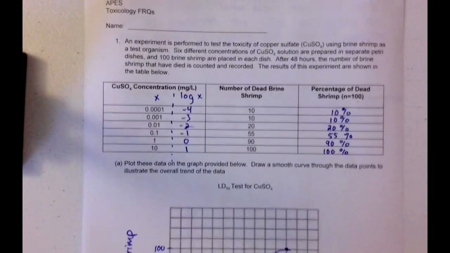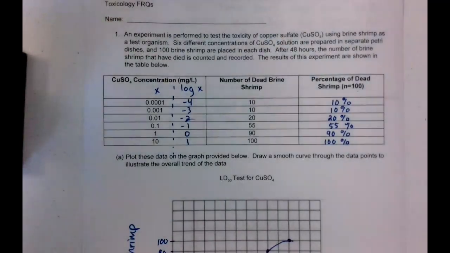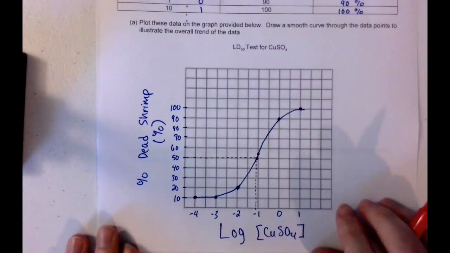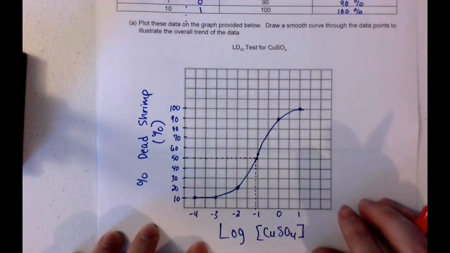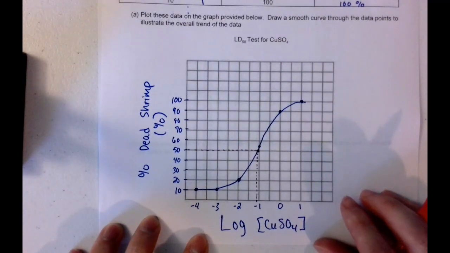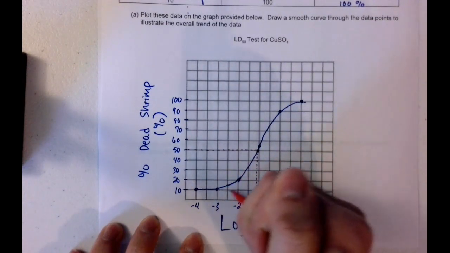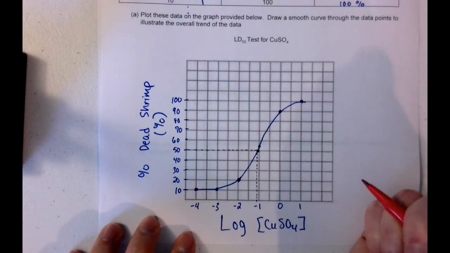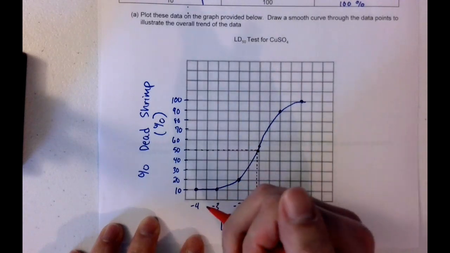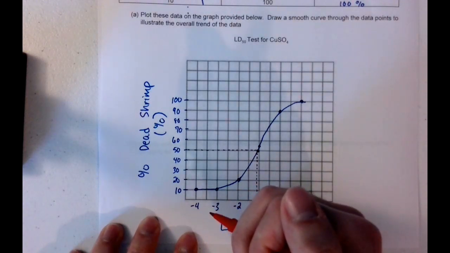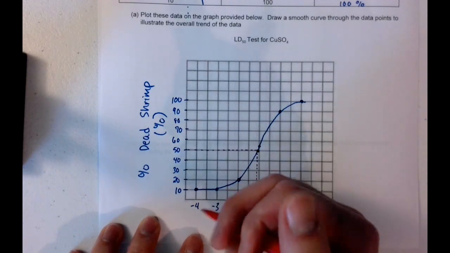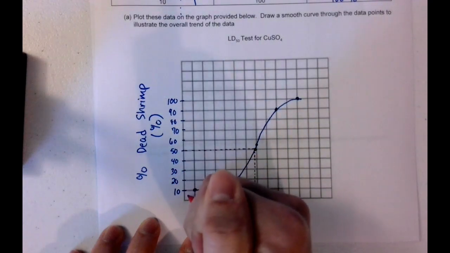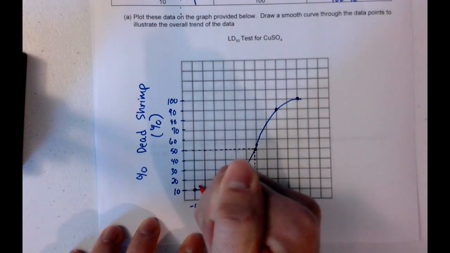Going back to the graph, let's get another color. I've gone crazy with colors. Here is the graph again, and we want to know the threshold level. It's where you first start to notice that it's killing someone. This one is kind of tricky because it didn't give you the concentration at 0. Since this point has already killed 10% of them, according to the graph it's probably about right here.